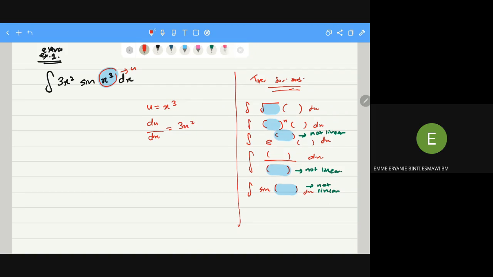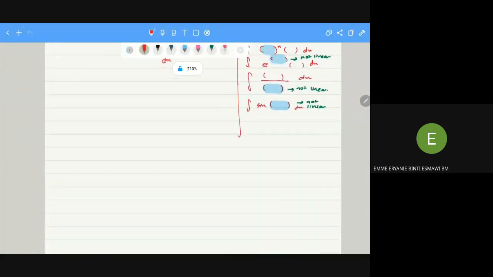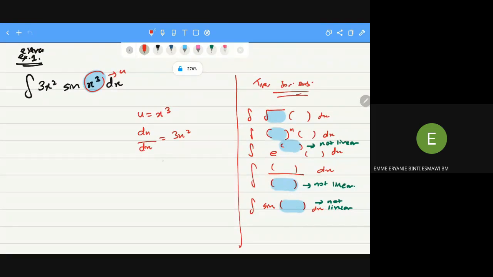Differentiate ni, 3 bawa ke depan, power tolak 1, 3x squared. After that, we have to let dx as the subject, so that we can change dx jadi du juga. Okay, dx as the subject, then du over 3x squared.